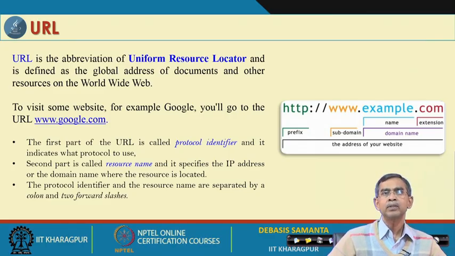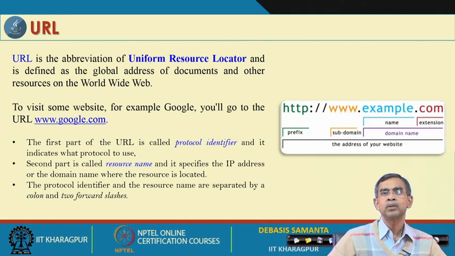Anyway, in addition to this, which is the location of a particular file, there is also another part called the protocol. Which protocol should be used in order to access that document is specified by that. For example, HTTP is a protocol, followed by the resource name.